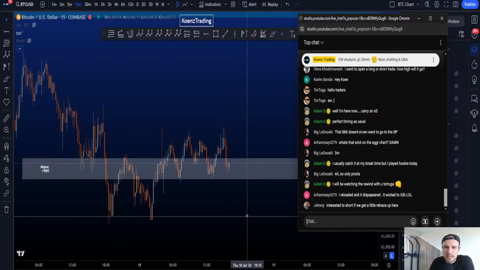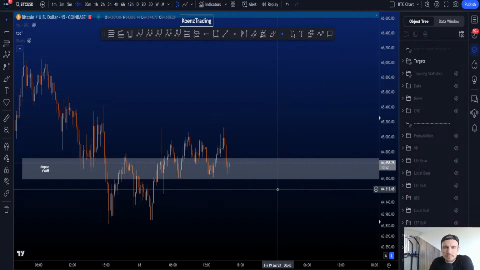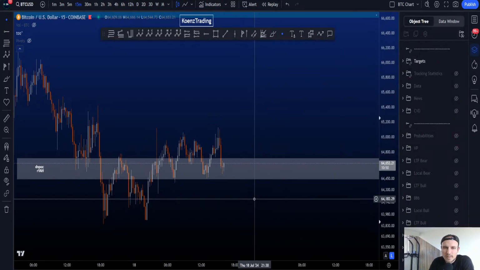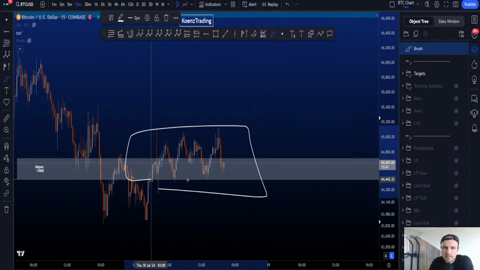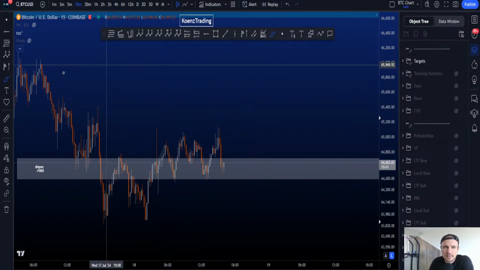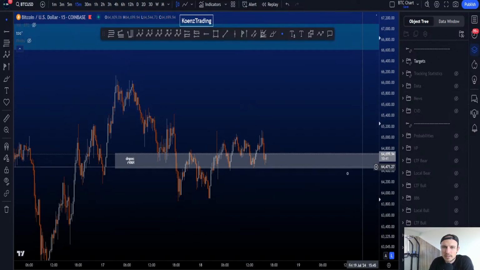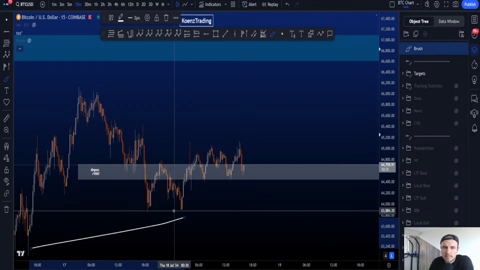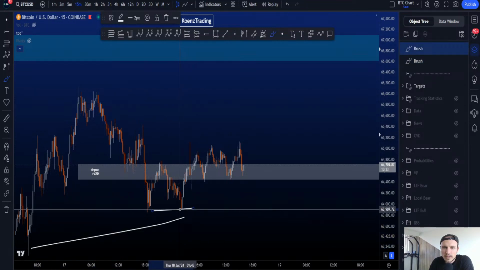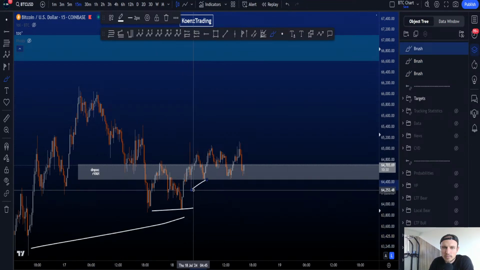Interested to short. Yeah, I also have that in mind, but there's no setup for me here. I'm happy to wait. We do have the bullish CVDs here, right? And this one already played out. This one already played out. We now have this one here.